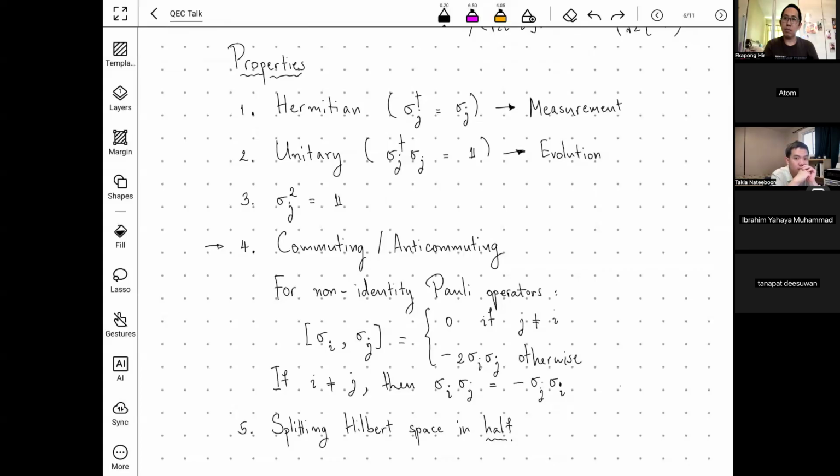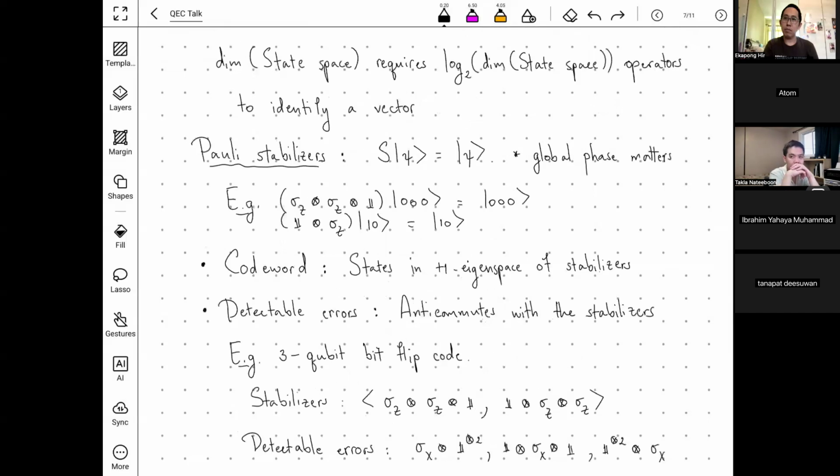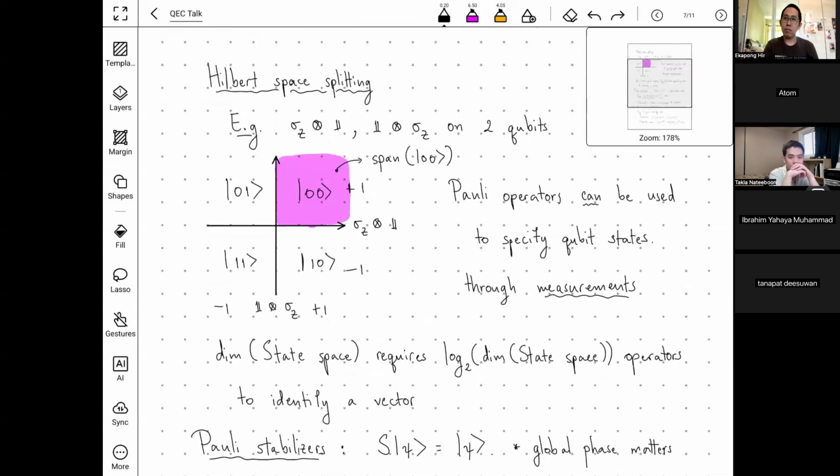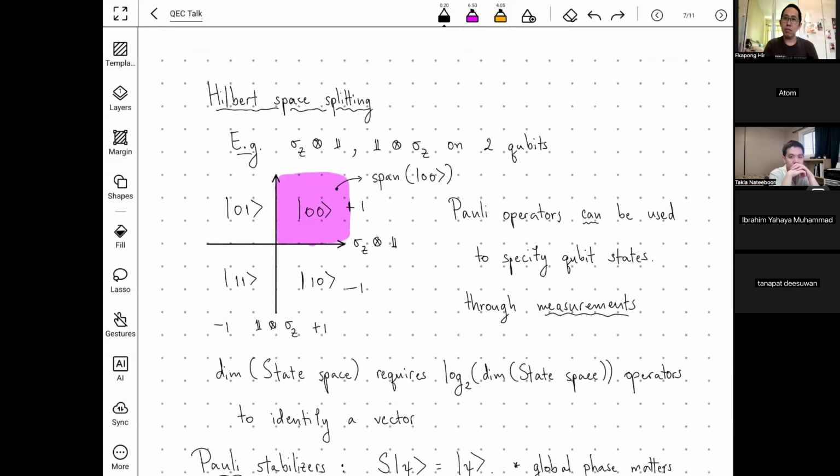From here, I would like to give an example of how Pauli operators split the Hilbert space in half. It's on the next page. Let's say you have two operators acting on two qubits: Pauli Z tensor 1 and 1 tensor Pauli Z. When you measure Pauli Z tensor 1, you can imagine the space of two qubits as some space like this, where each quadrant is just a visualization of the four-dimensional space.